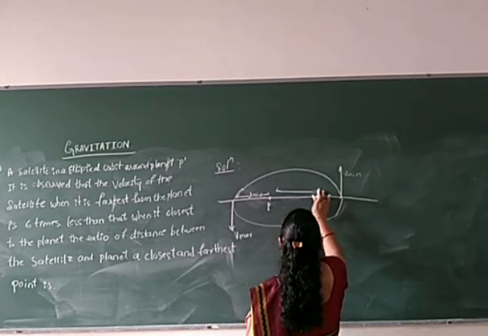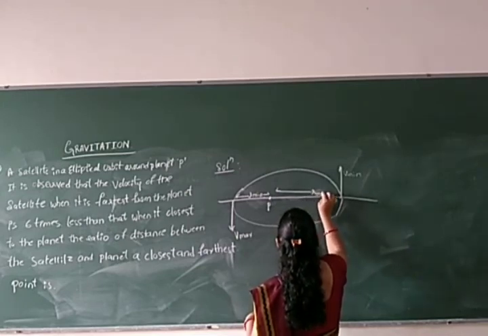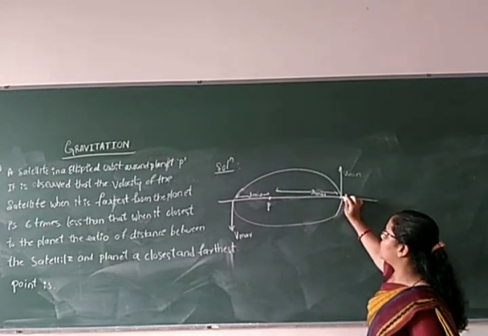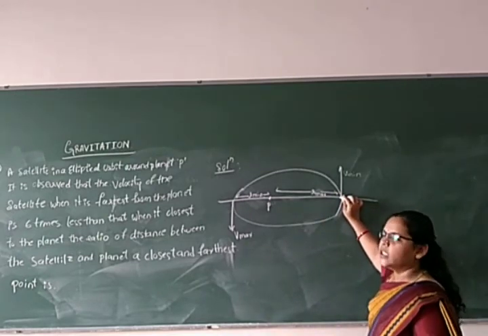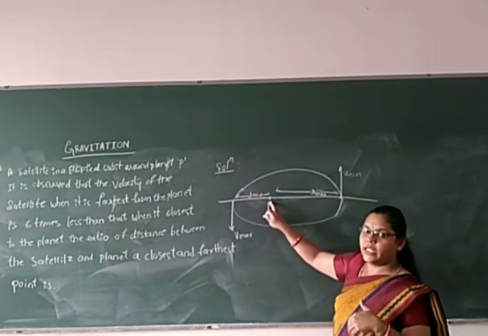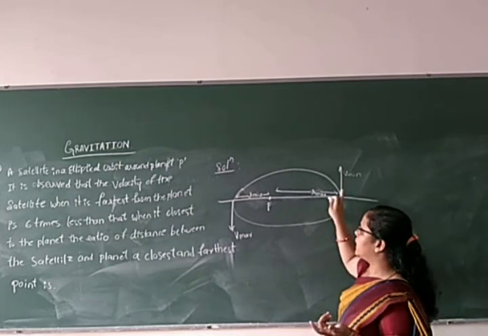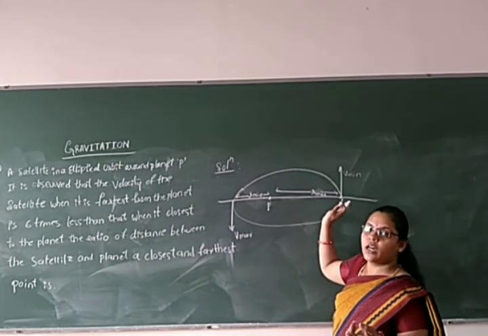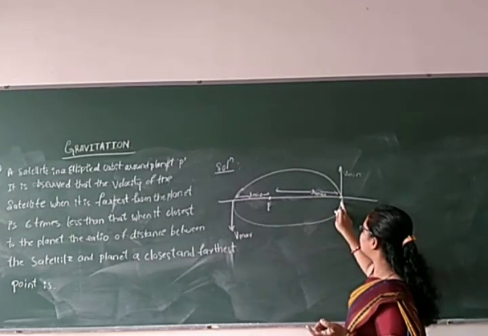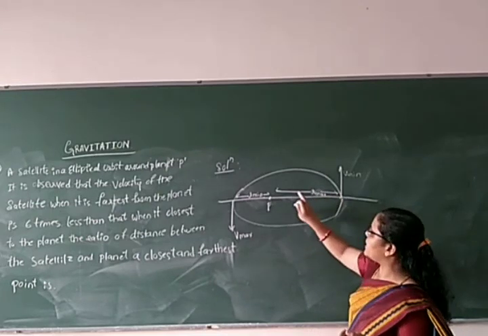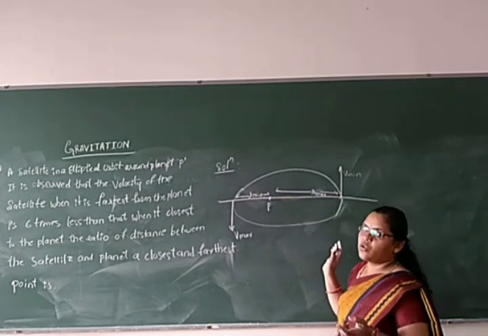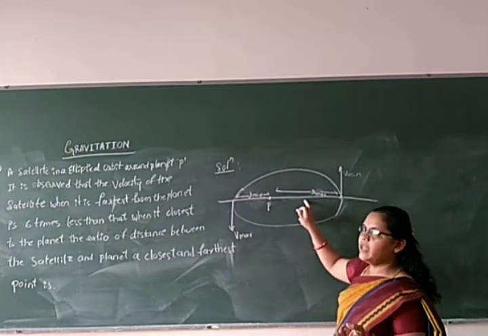Where the radius is maximum, you should understand the velocity of the planet or satellite or earth is minimum, as it is far away from the point around which it is revolving. If earth is there, then sun is there. So earth is far away from the sun. Similarly, here they have given a satellite. Its velocity will be minimum when it is far away from the planet it is moving around, where the radius will be maximum.